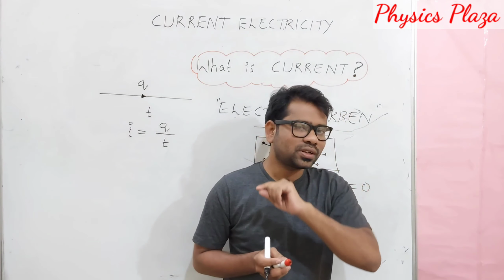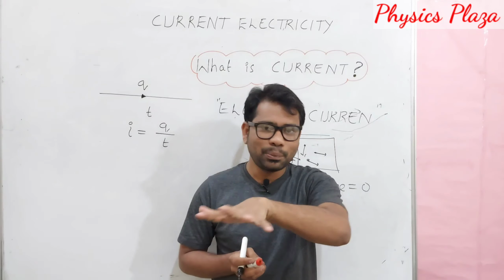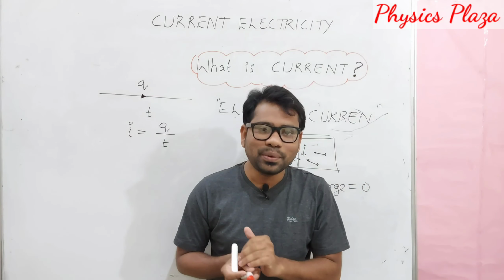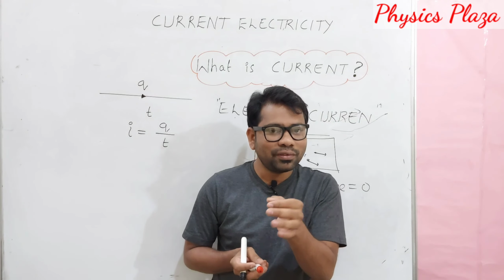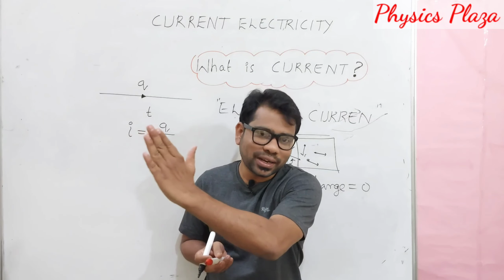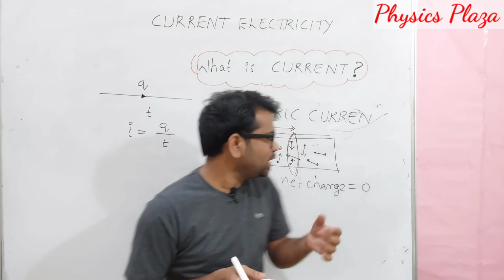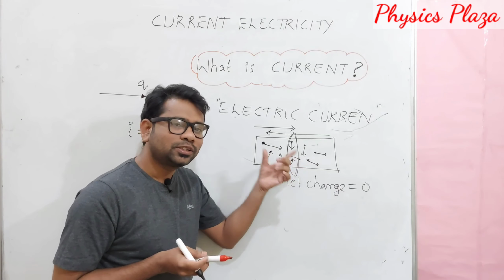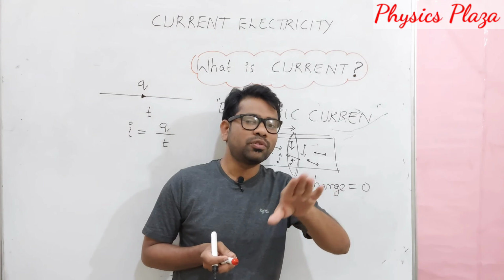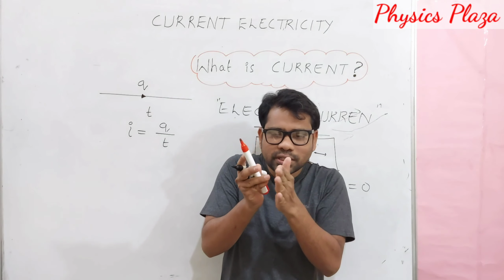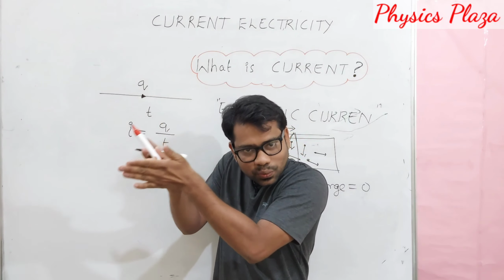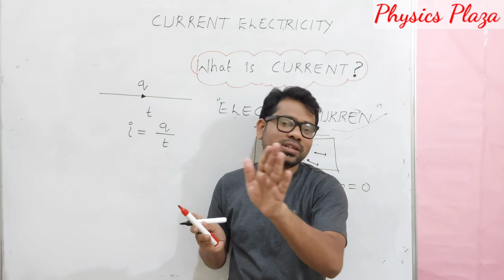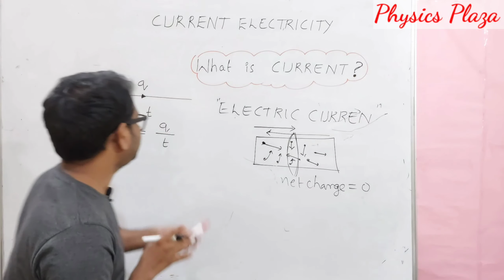Just imagine a situation in the drill period, when your PT master is there, the PT master will make you all move in a particular direction. In a similar way, when it is connected to the battery, the battery will make the charges move in a particular direction. And if the charges go in a particular direction only, we will have electric current. It's very important.